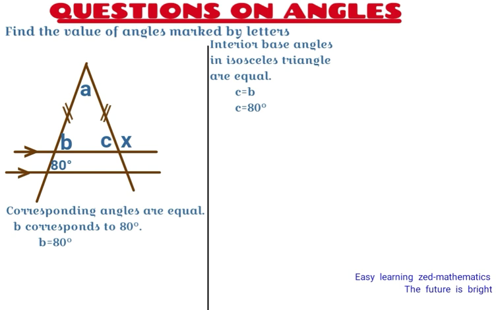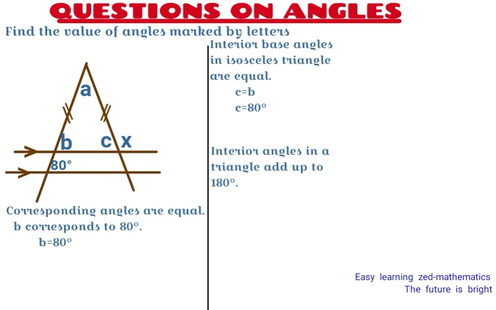We can use the property that interior angles in a triangle add up to 180 degrees. This means that when we add angle A plus angle B plus angle C, it should give us 180 degrees. The total sum of interior angles of a triangle is 180 degrees.